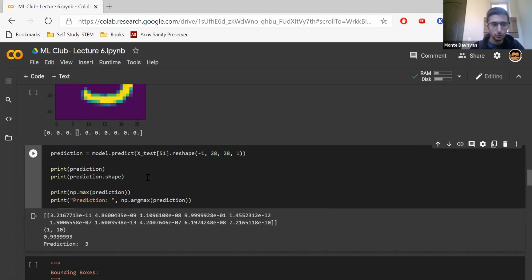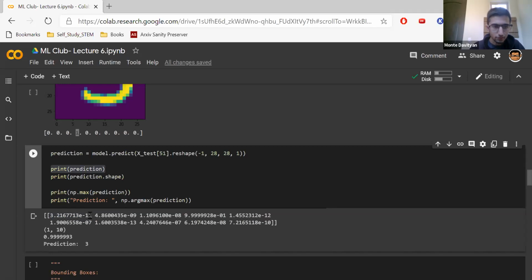So when we run this and we print the prediction, this is the prediction we get. It looks kind of meaningless to us, but this is the probability distribution of our prediction. For example, it's predicting that the probability that the image is a 0, because this 0th index corresponds to the number 0, is extremely low, right?